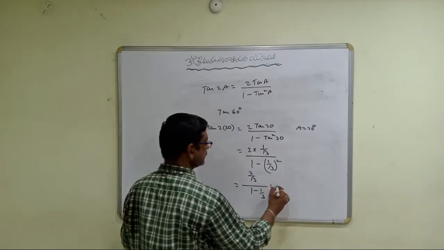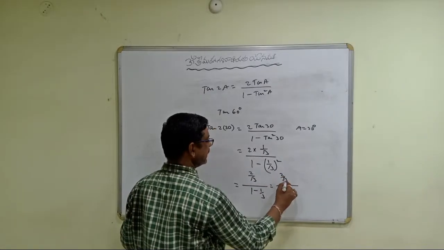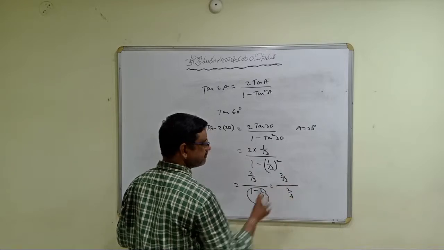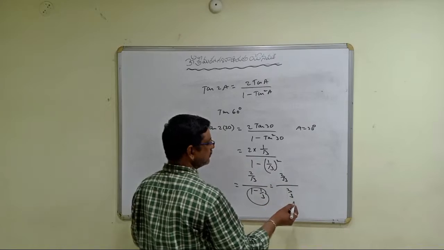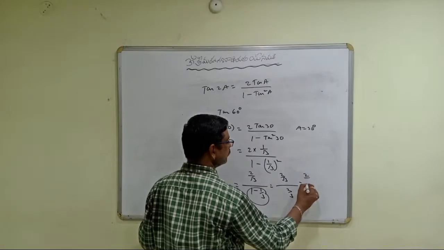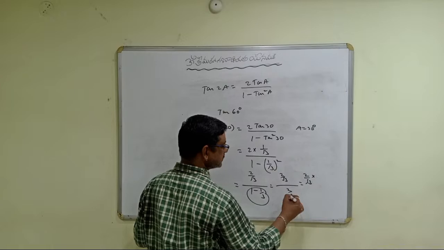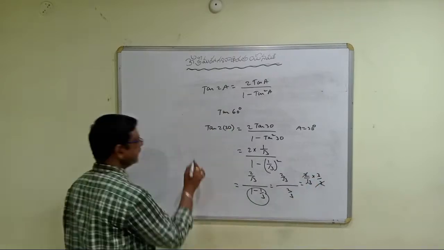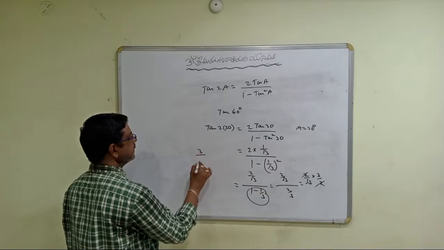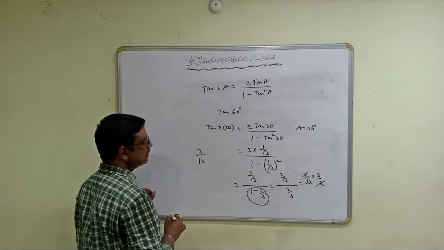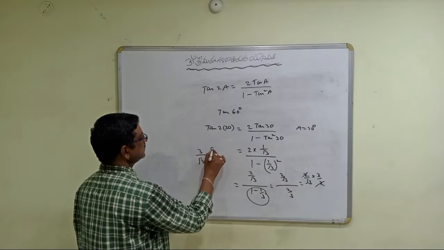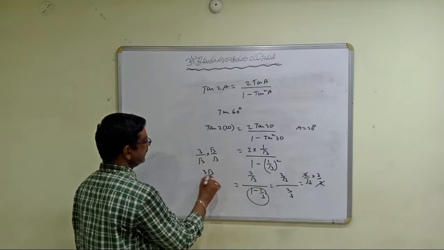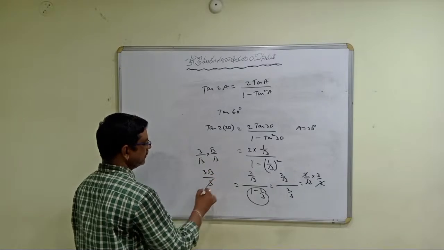If you simplify this, you will get 2 by 3. Now 2 by root 3 into the reciprocal, 3 by 2. The 2 gets cancelled. What is remaining? 3 by root 3. I will rationalize the denominator: 3 root 3 by root 3 into root 3, the 3 gets cancelled.